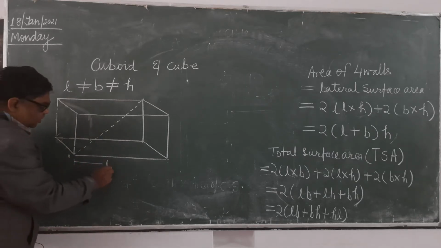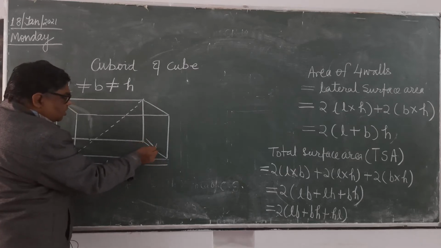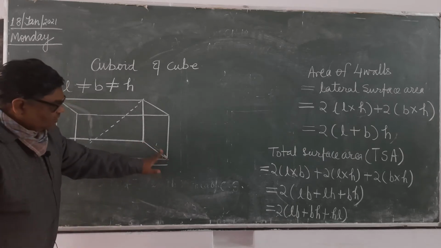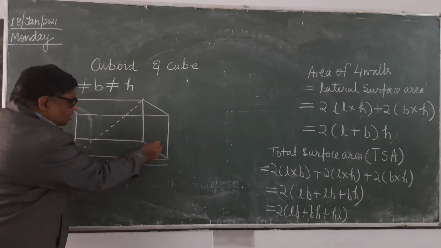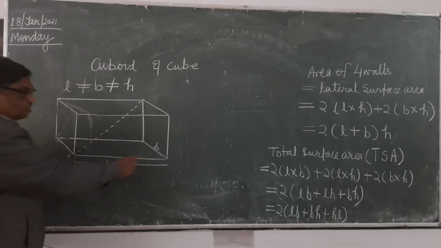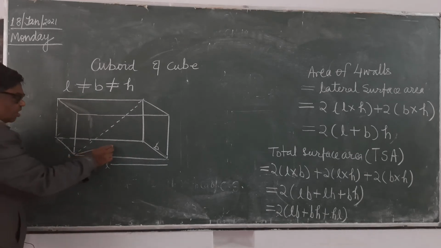This length is L. What is this length? This length is B. This much length is B and this much length is L. So what will be this length?